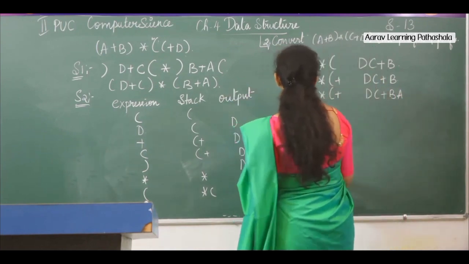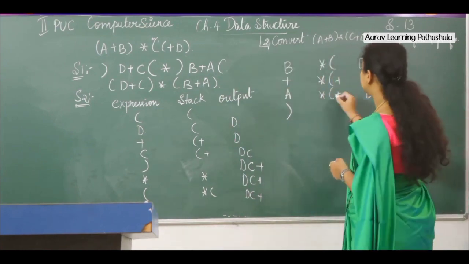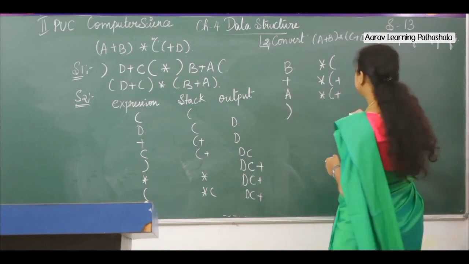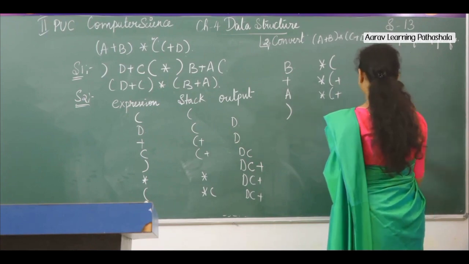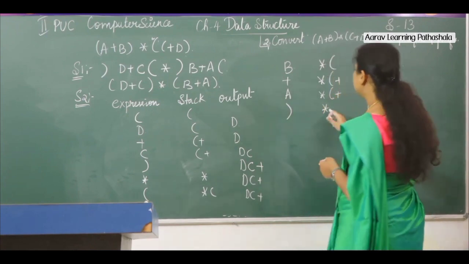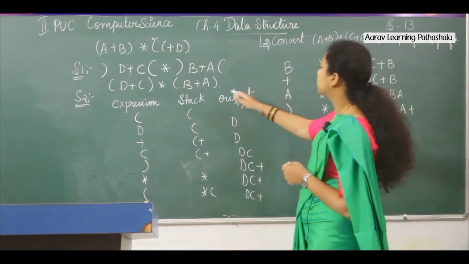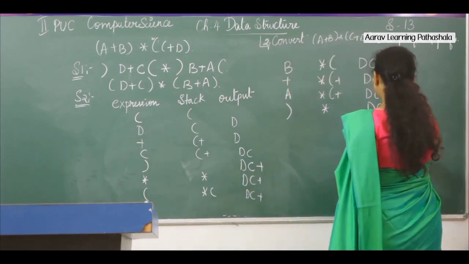Next, closing parenthesis. We have to pop out all the operators from the stack until we get this opening parenthesis. Pop out and discard this. So now the stack contains only this multiplication symbol. So here we don't have any more inputs, so we have to pop out the operators from the stack.